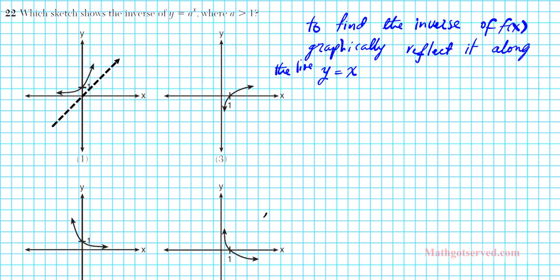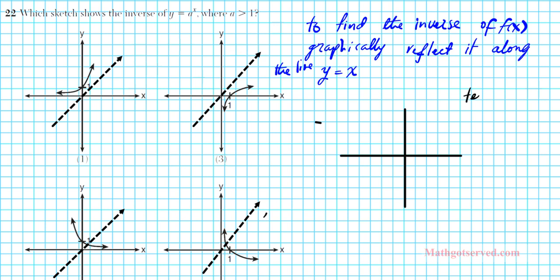Something like this. So that's the line y equals x. Okay. All right, so let's go ahead and sketch a graph of what y equals a to the x looks like, okay? So in this problem, we can make use of our graphing calculators to have an idea as to what the function looks like. Remember, a is greater than 1, so we can pick any value for a that satisfies this requirement.